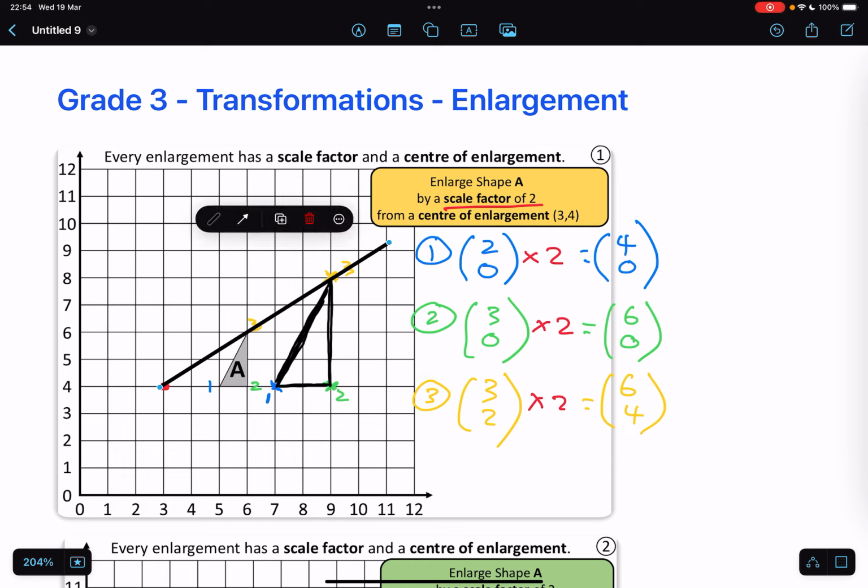If I do this, it'll go through point 1 and point 1, but it also goes through point 2 and point 2. So this itself is our final check, just to make sure that our enlarged shape is in the correct position. And hopefully this will make more sense with the other questions. Okay, so that's question number 1 finished.